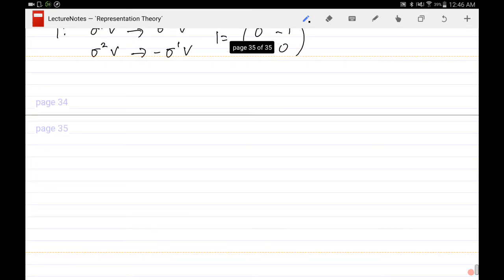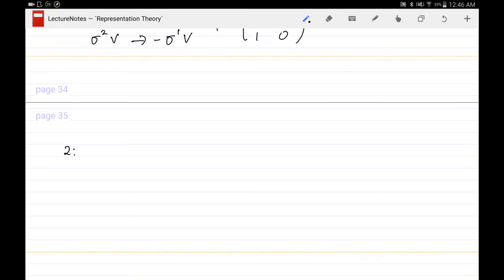And then what did 2 do? It took this coset to minus the same coset, and it took sigma 2 coset to minus sigma 2 coset.